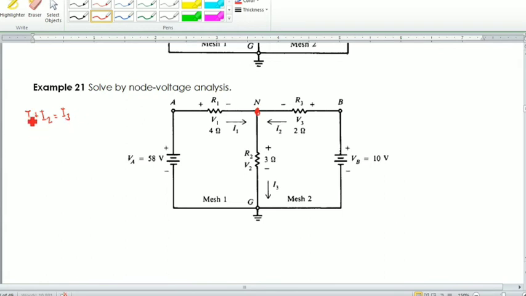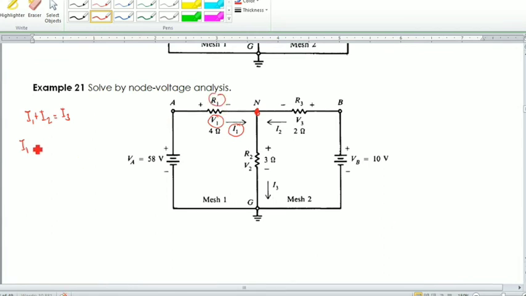Okay? So after applying the KCL at the node, we will make an equation for I sub 1. Like we have mentioned, to make a formula for I sub 1, you have to refer to the given circuit diagram. Looking at the circuit diagram, I sub 1 can be solved by using V sub 1 and R sub 1.